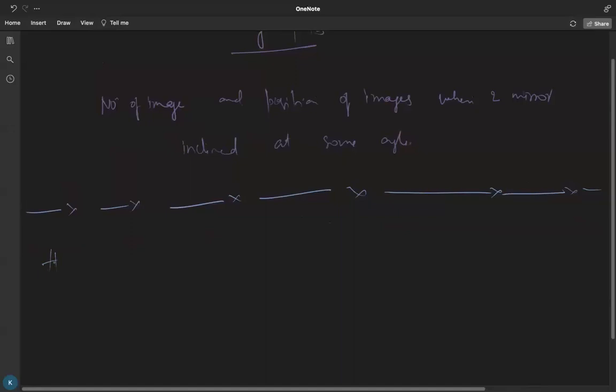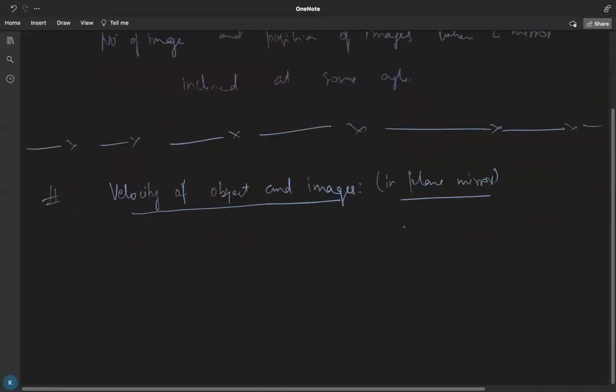So let me give the heading here, which is velocity of object and images. Right, now we are talking about a plane mirror. So look here.